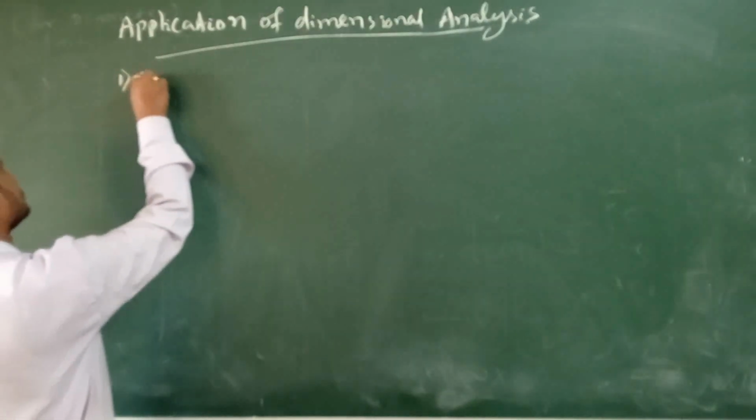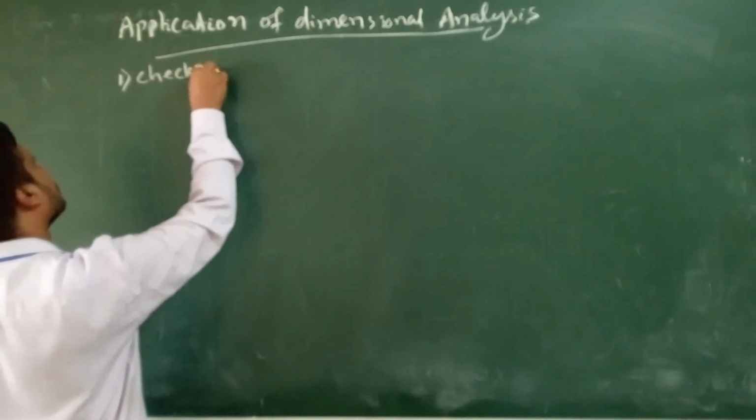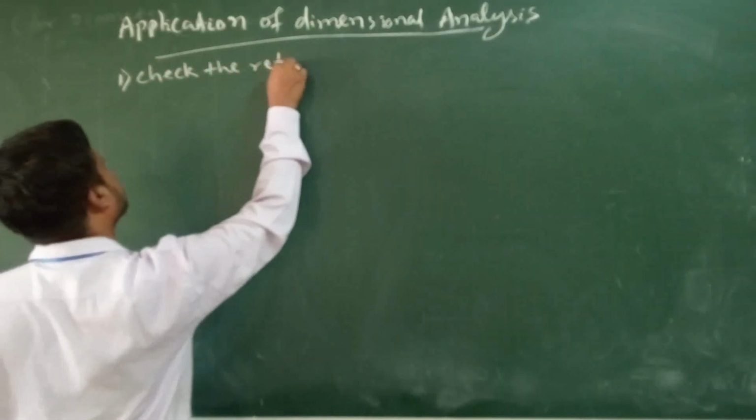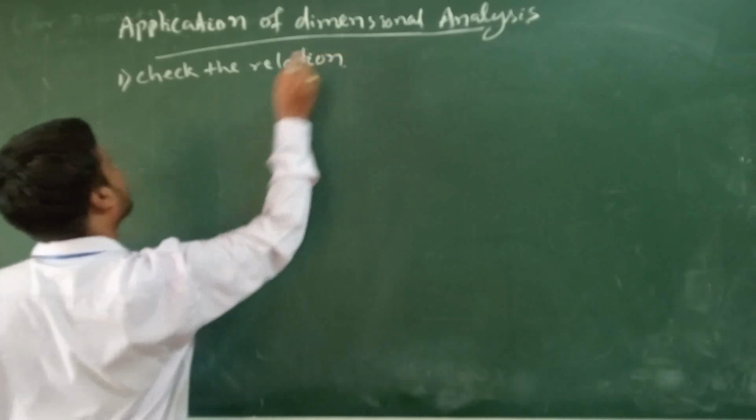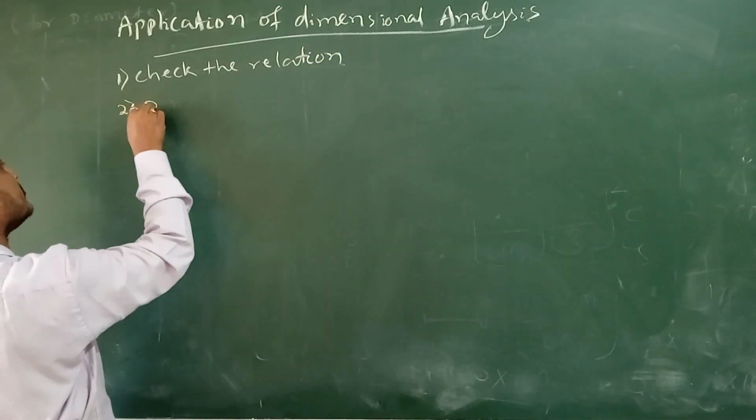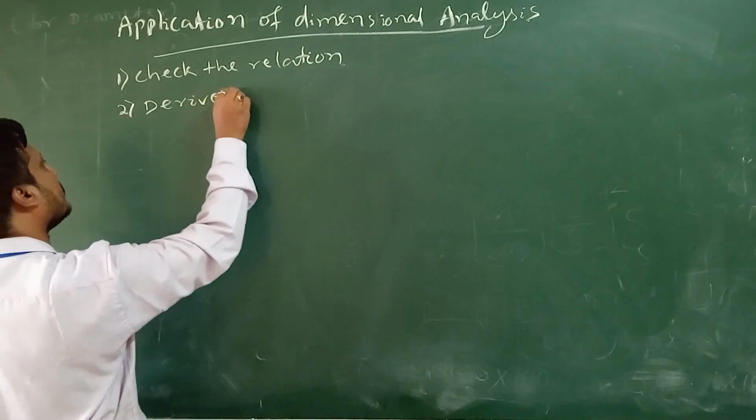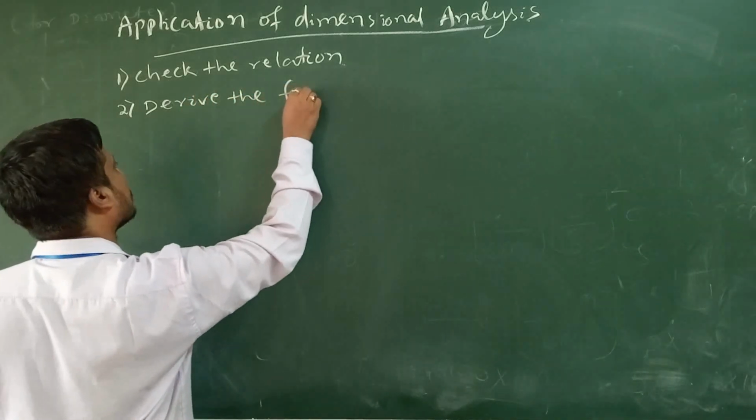So first one is check the relation. Number two is derive the formula.